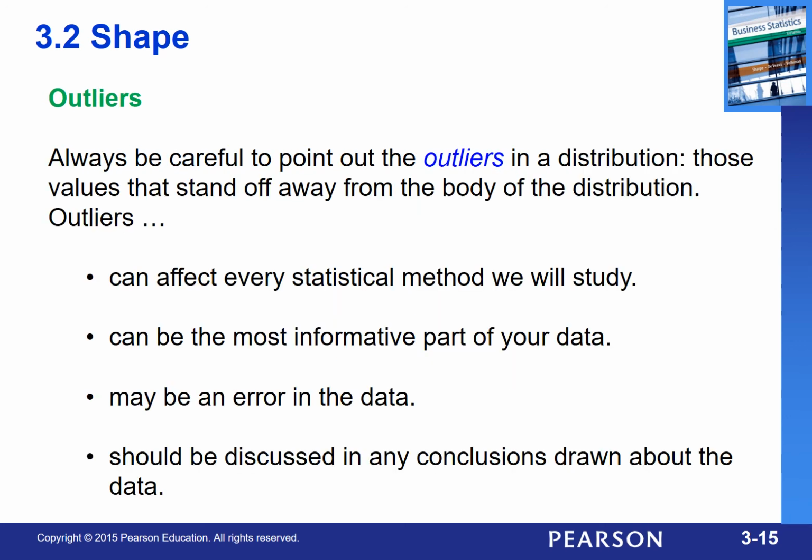Now, one of the things we're going to have to look out for as we proceed through the rest of statistics is what are called outliers. Outliers are ones that stand away from the body of the distribution, aka they seem to not follow the form of what we're looking at. Outliers can be from lots of different causes. They may be caused by an error in your data, like somebody misinterpreting a question that you ask, or failing to measure properly.